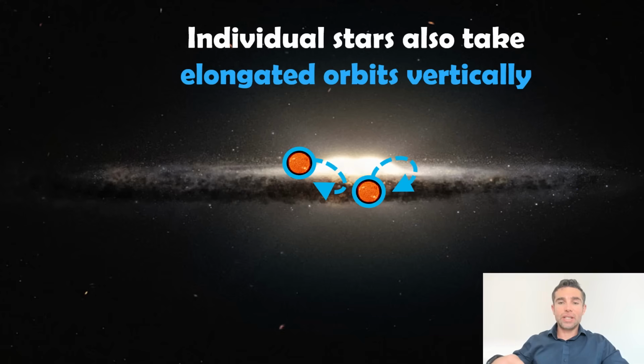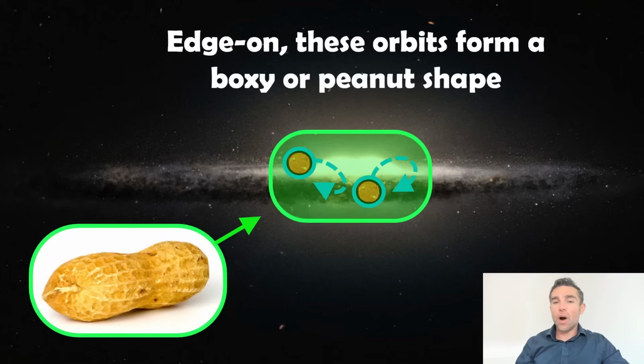So you can start to see, if we overlay all of those sorts of orbits, we actually might end up with a very interesting sort of shape. If we were to take those individual stars on those elongated orbits, they've been gravitationally perturbed by the galaxy itself, internal dynamics over a long period of time.